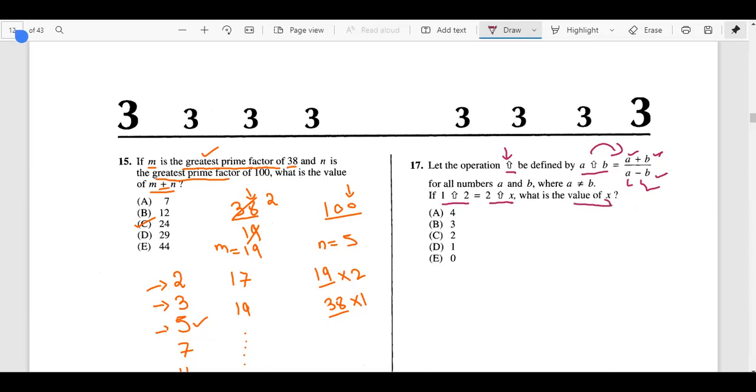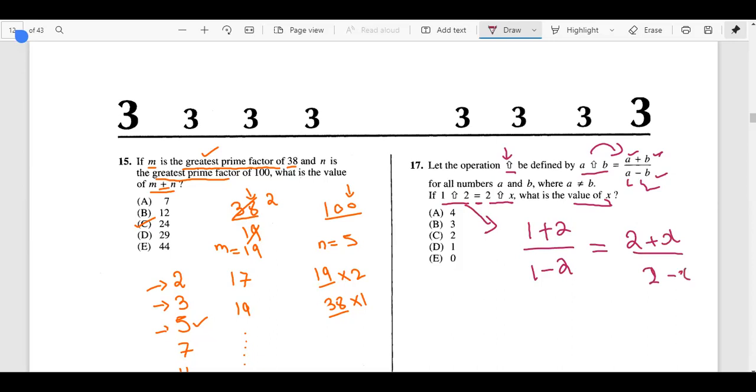For this, we simply need to find what 1 arrow 2 would be by using the defined operation. So we have 1 plus 2 divided by 1 minus 2. This equals, because this is what we have in the question, equal sign, and then we need to find 2 arrow x. That would be 2 plus x divided by 2 minus x.